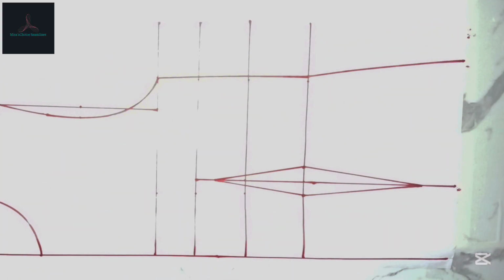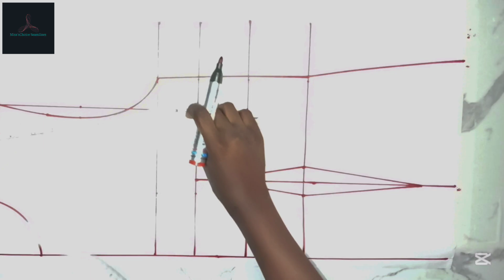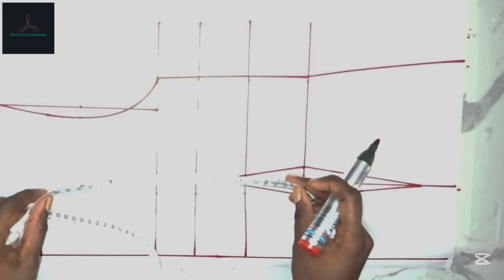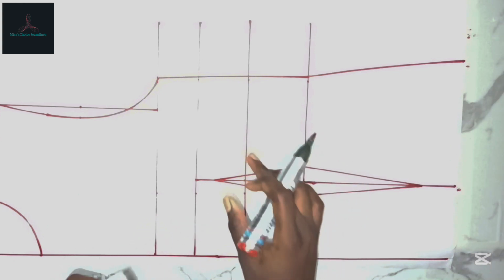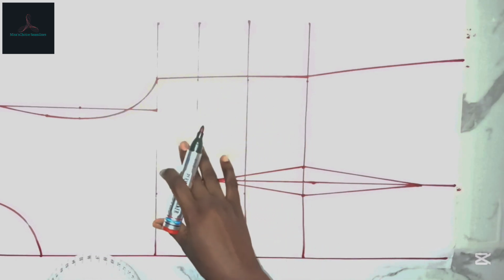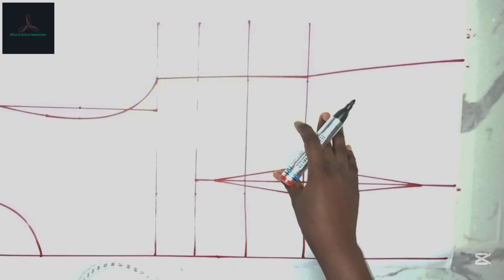The last step now is for me to take the side dart. On the bust point here, I am going to come down by 2 inches for my side dart. How do you determine what your side dart is going to be? The dart you are going to take here is going to be the difference between your front waistline and your back waistline.